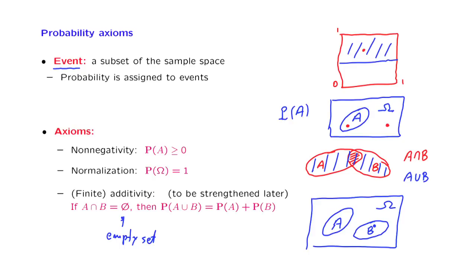The additivity axiom needs to be refined a bit. We will talk about that a little later. Other than this refinement, these three axioms are the only requirements in order to have a legitimate probability model.